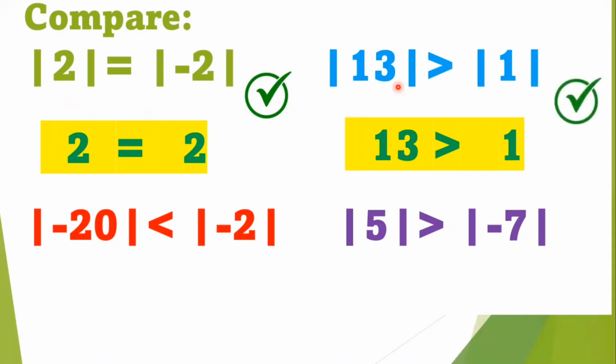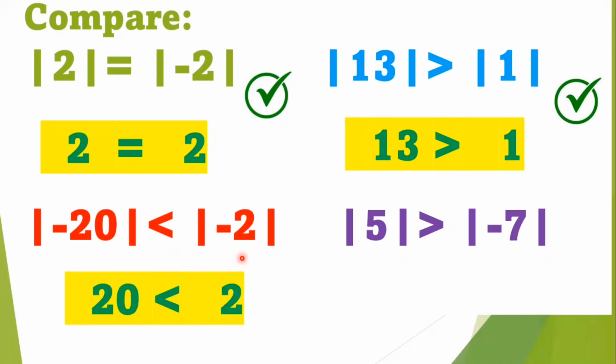Then here, how about this? The absolute value of negative 20 is less than, mas maliit daw, sa absolute value ng negative 2. Tama ba yon? Okay. So, naging natural sila. So, 20 pa rin at 2 pa din. So, is this correct na mas maliit daw ang 20 sa 2? That is wrong. Kasi syempre, mas malaki pa rin ang 20.